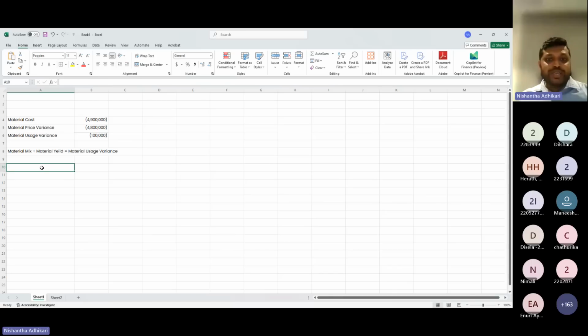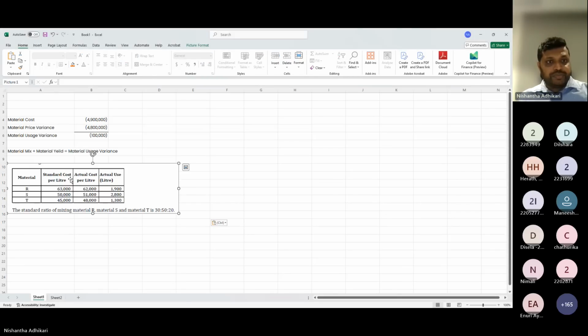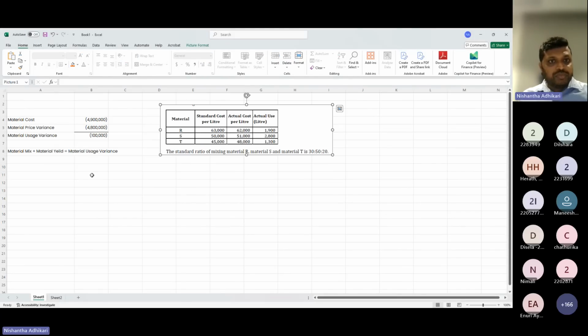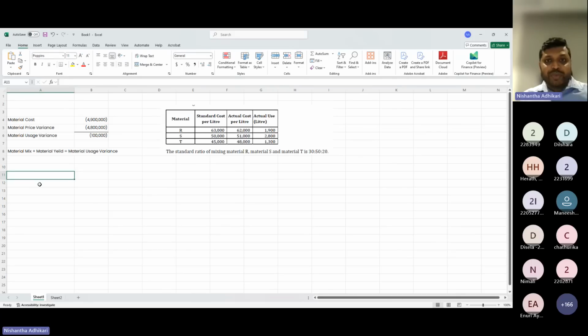Then we will work out based on the available information. What I can do is take the material mix variance, which we can calculate from the available information. First, we will work out the material mix variance.